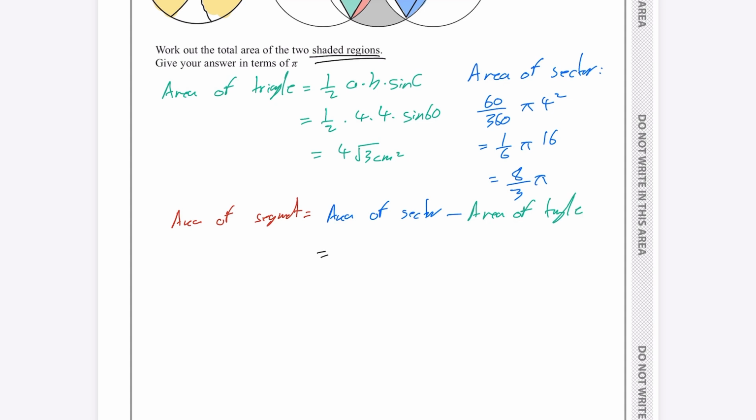So area of sector is going to be 8 over 3 pi, and the area of triangle is going to be 4 root 3, and subtracting the 2 will give us the area of the segment.